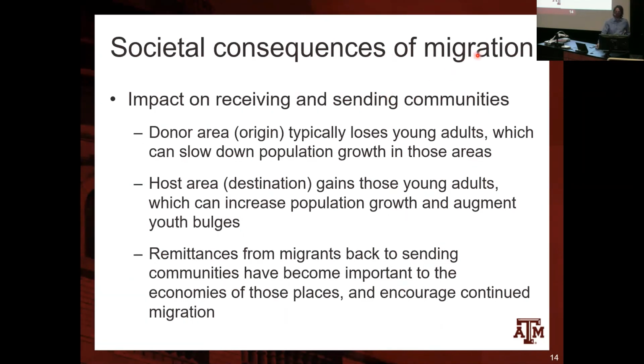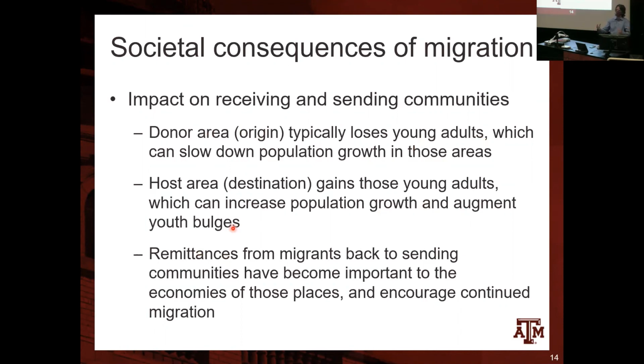Why is it important to understand migration? Because migration has impact on receiving and sending communities, and has consequences on the society. The donor area, the area that loses migrants, the area of origin, typically loses young adults, which can slow down population growth in those areas. And the host area that receives these migrants gains those young adults, which can increase population growth and increase the proportion of the youth population in those areas.